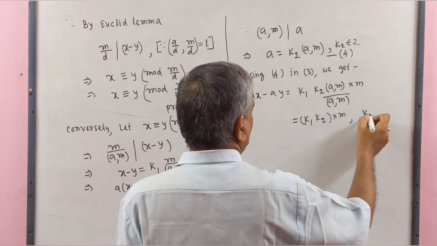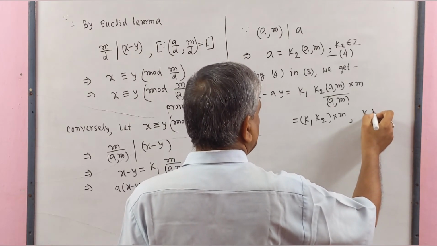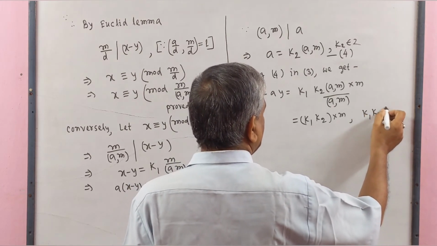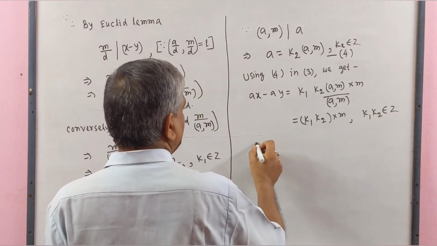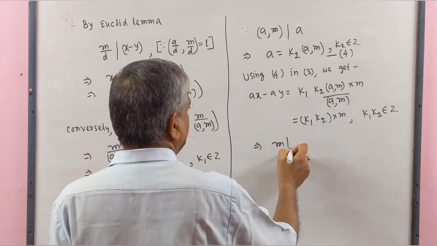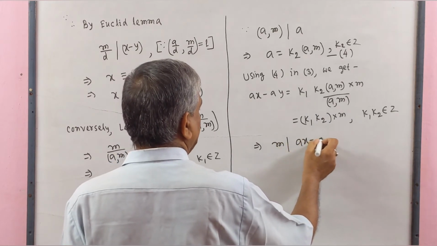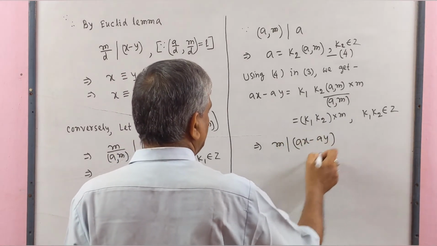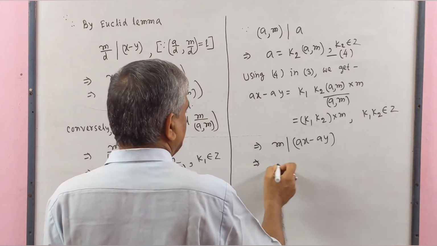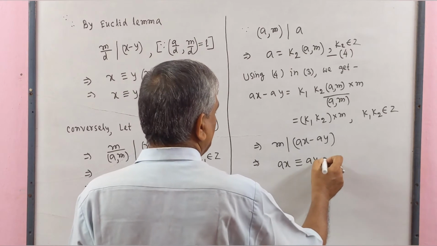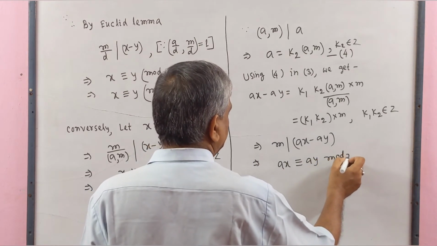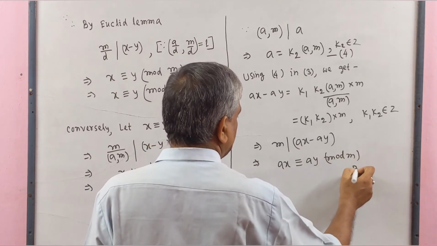Since k1 and k2 are two integers, their product is another integer, implies that m divides ax minus ay, implies that ax is congruent to ay modulo m. Proved.